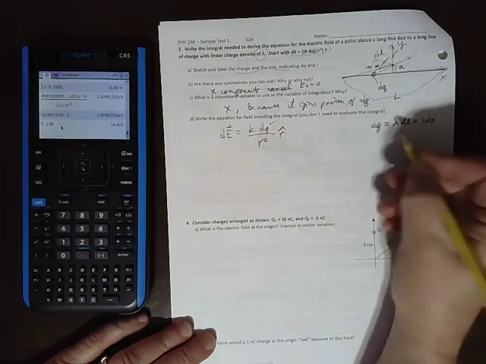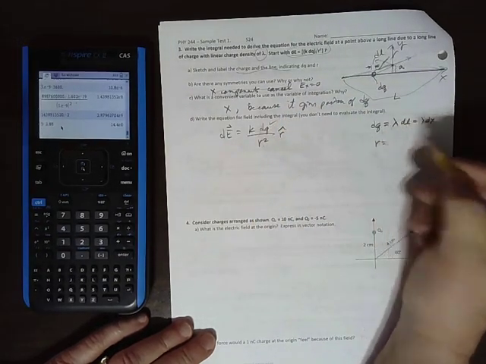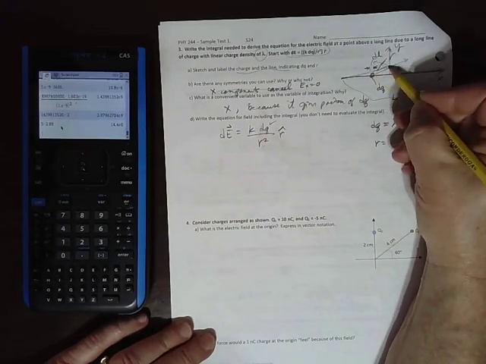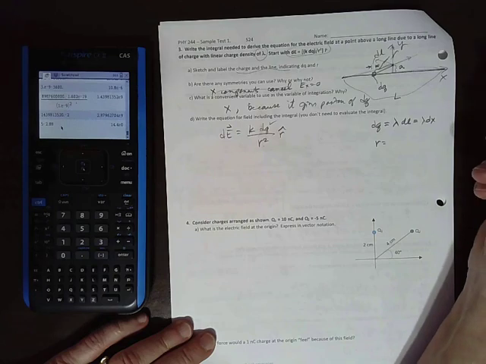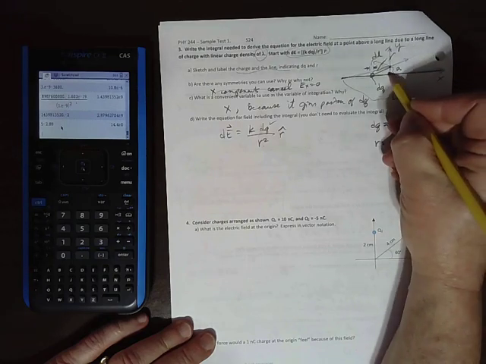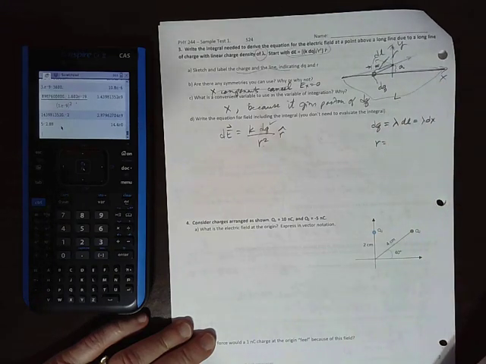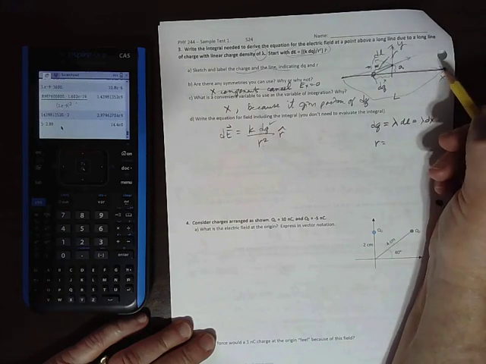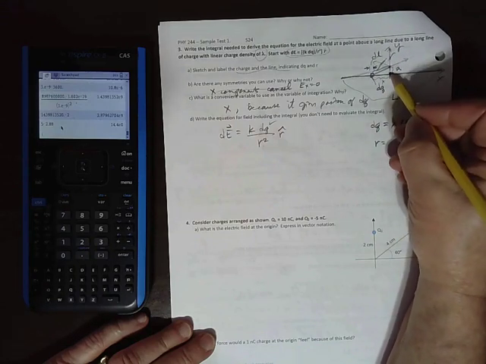How about r squared, or how about r? So what is r in terms of x? Again, r is the hypotenuse of this little triangle, right? So this side is x, maybe positive or negative, and this side is a.